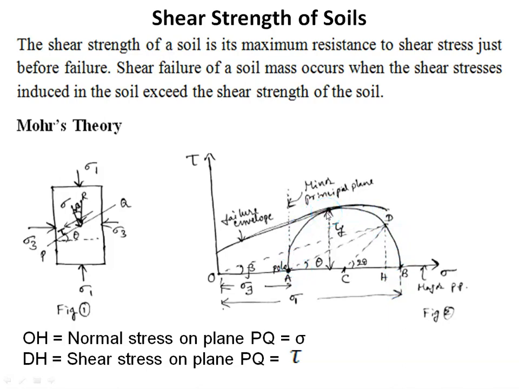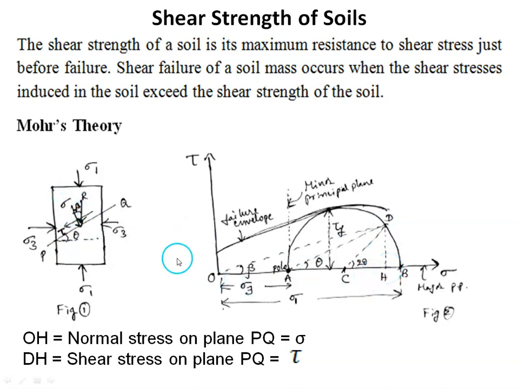Now from point A, draw a line at an angle theta with horizontal, so that we get an intersecting point D. So the coordinates of point D give the stresses on the plane PQ. So DH represents the shear stress, that is tau, and OH represents the normal stress, that is sigma.